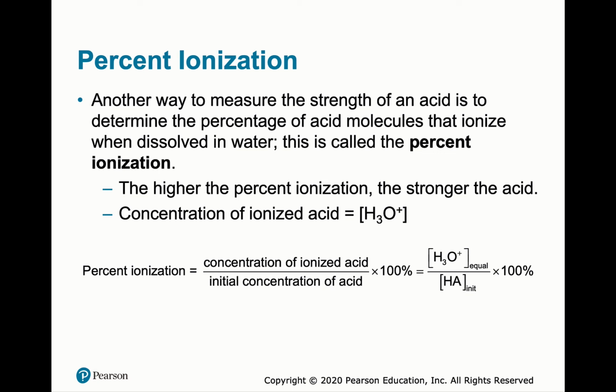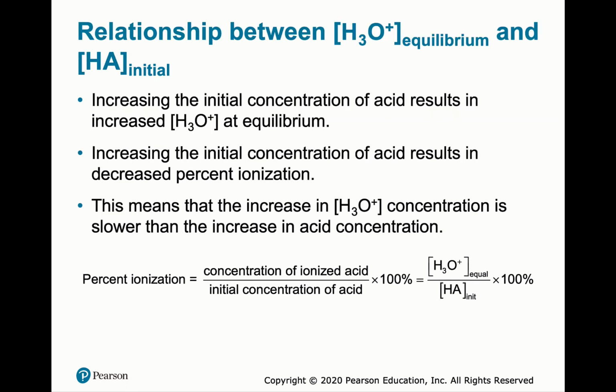Another way to look at strength is to look at the percent ionization. A strong acid is 100%. Weak acids have different percent ionizations, and depending on the strength of the weak acid, they will dissociate to different amounts. The higher the percent ionization, the stronger the acid. Increasing the initial concentration means you're going to have more hydronium ion at equilibrium.